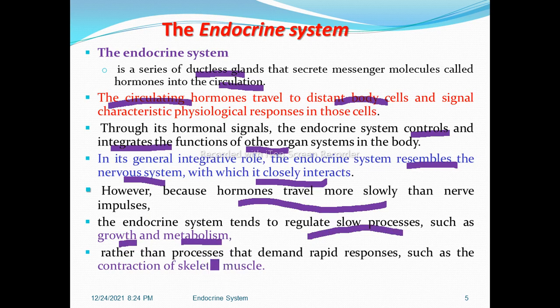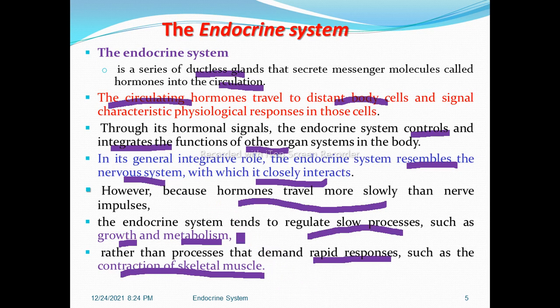But actions which demand rapid responses, such as contraction of skeletal muscle, need the nervous system. For instance, when we are speaking, our tongue and facial expression also move. This fast, rapid action, when we are moving our hands and legs, is due to contraction of skeletal muscle, which is controlled by impulses released by nerves.